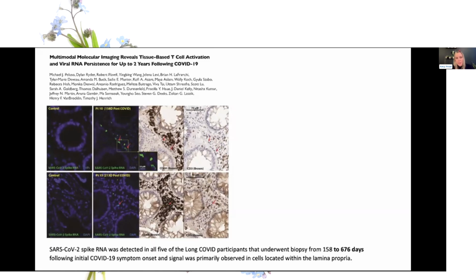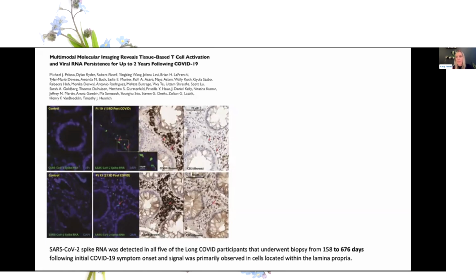In this particular image, they found SARS-CoV-2 spike RNA detected, in this case, in 5 of the gut tissue samples that they got from long COVID participants that underwent biopsy, 158 up to 676 days, which was basically the end of the study period, after they first got COVID and their symptoms started.